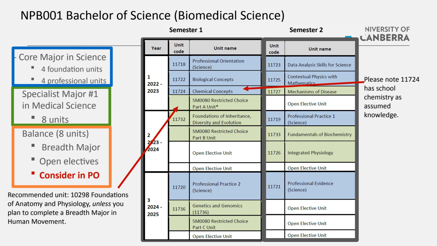What we recommend in this one, I'm not going to read it all, of course, but just have a look. One unit that is recommended is Foundations of Anatomy and Physiology. And what was the other one here? We'll talk about chemistry in a second. I have a special slide for that one.